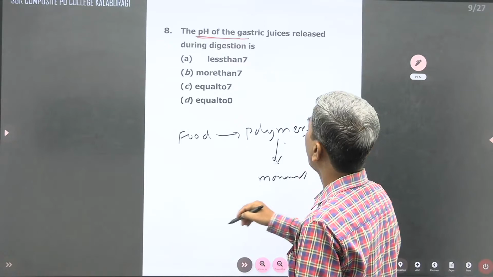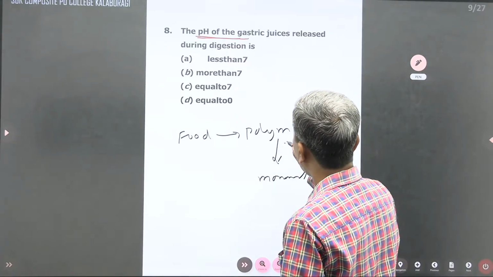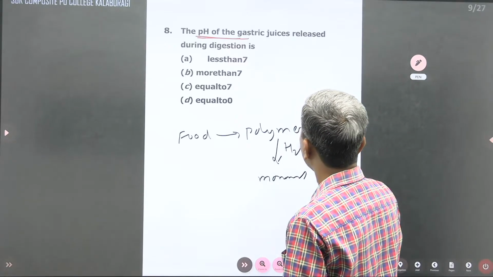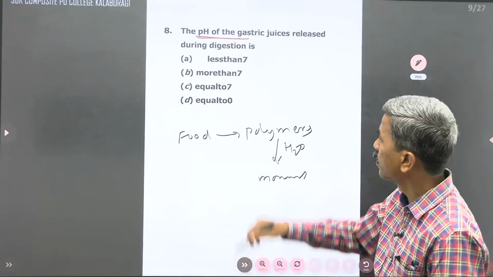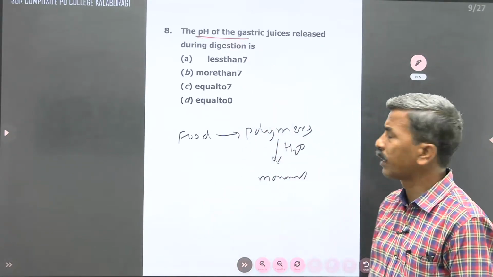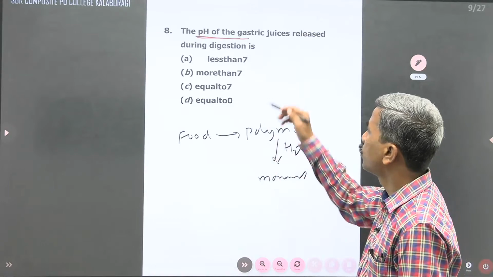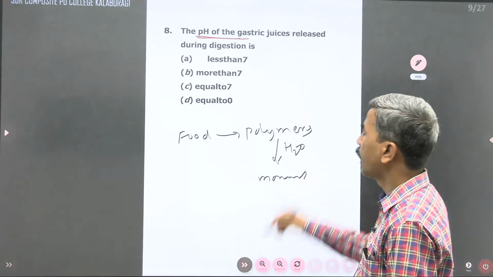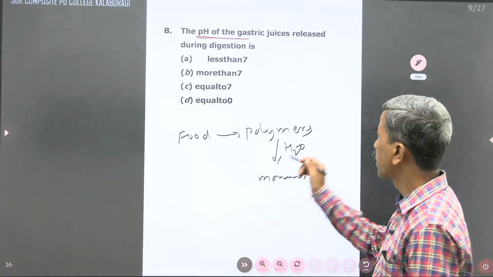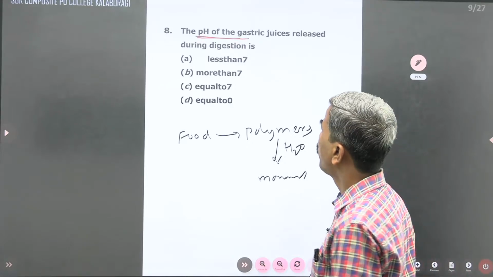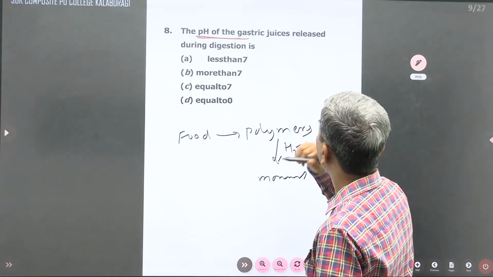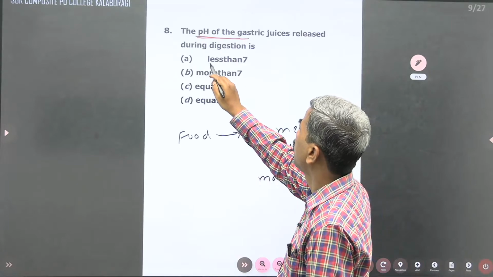That breaking is hydrolysis. It takes place, and the enzyme responsible for that hydrolysis should work at a slightly acidic pH, not even more acidic. That's why the pH of the gastric juice must be less than 7.